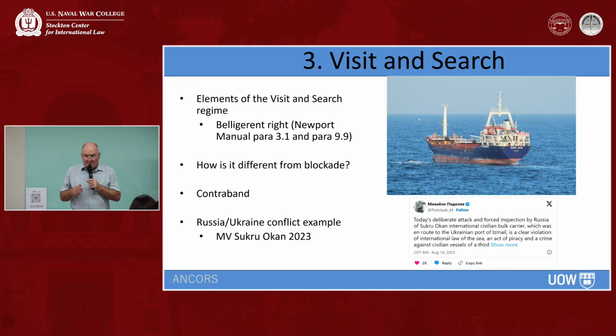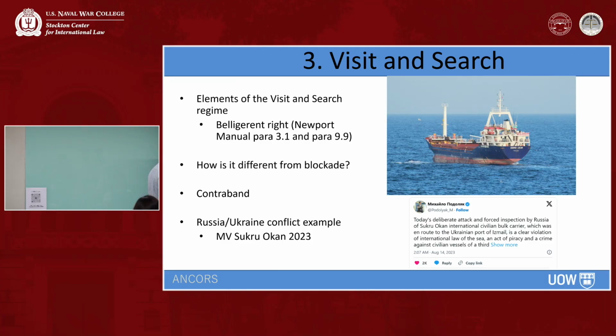And it is different to blockade in the sense that blockade has some very specific criteria, but here you might just be dealing with one particular ship. And the picture that I've got up here on the slide is one that does come from the Russia-Ukraine conflict. There's been a lot of criticism about aspects of that conflict, in particular the way in which Russia has prosecuted the war.